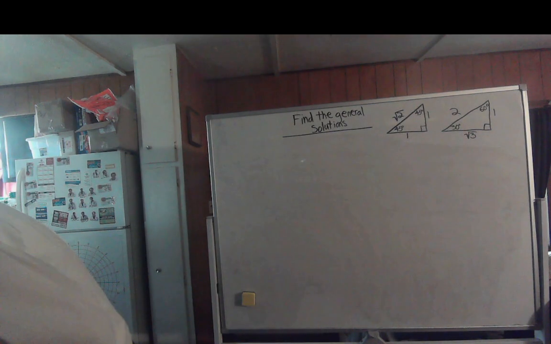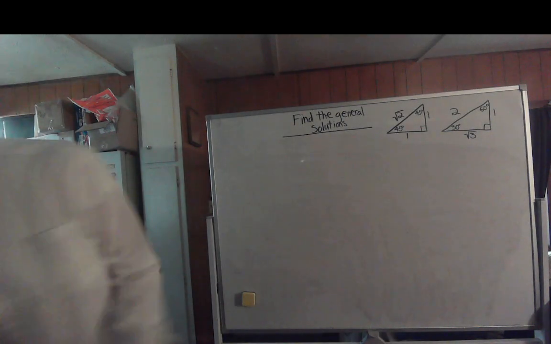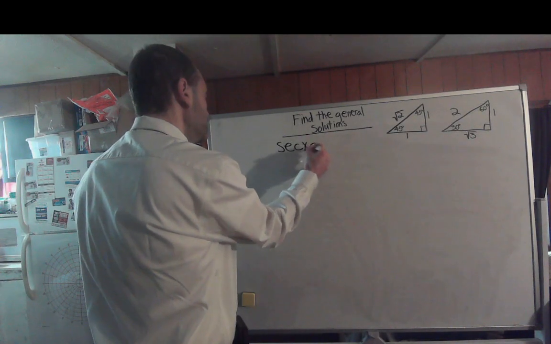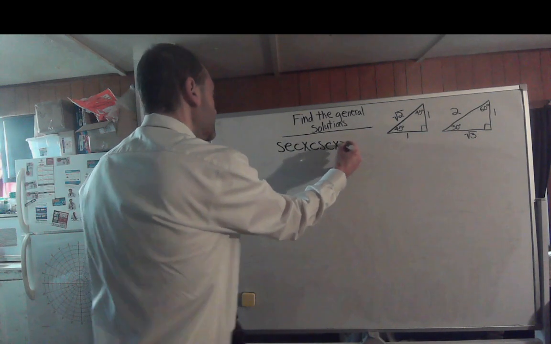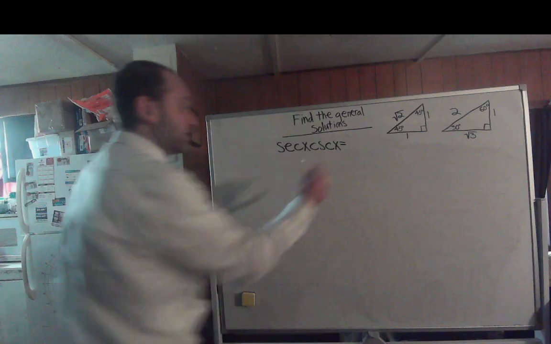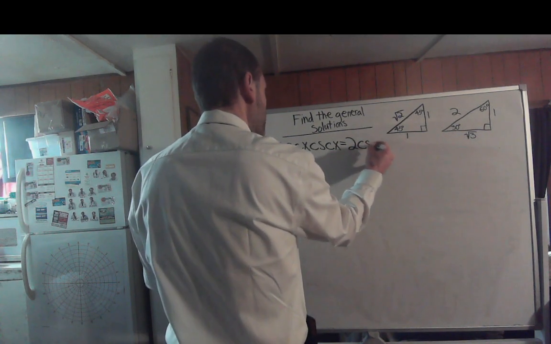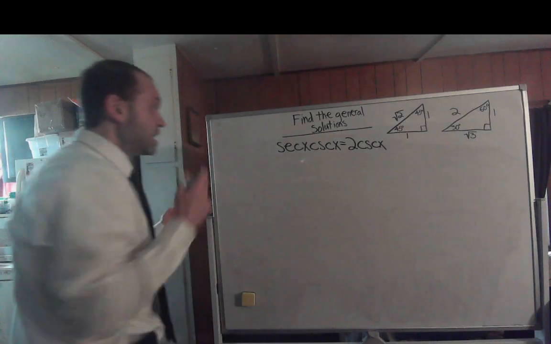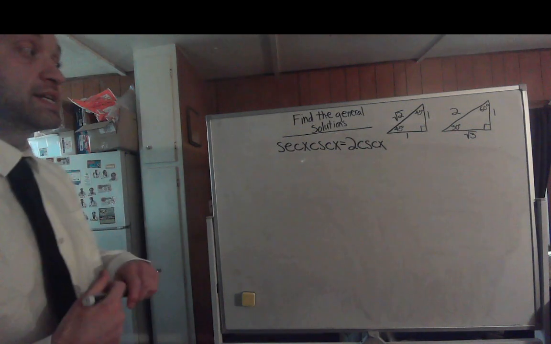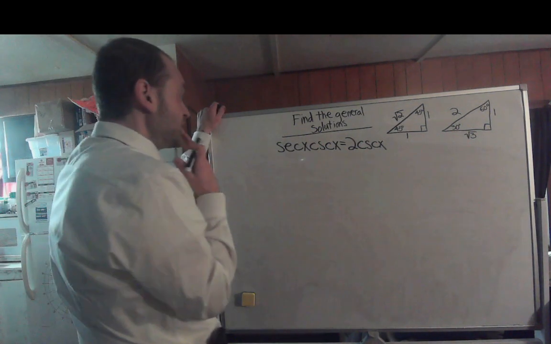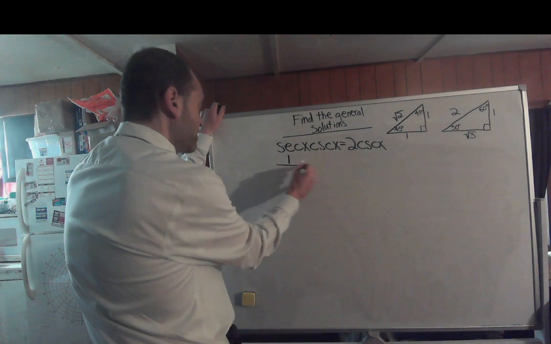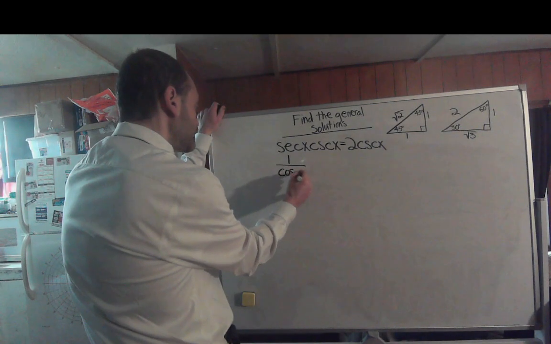Why don't we do this? So we're going to have the secant of x times cosecant of x is equal to 2 cosecant of x. This just thickened a lot. I think it's safe to say we're definitely going to want to use some reciprocal identities. So the secant is known as what? That's 1 over the cosine of x.